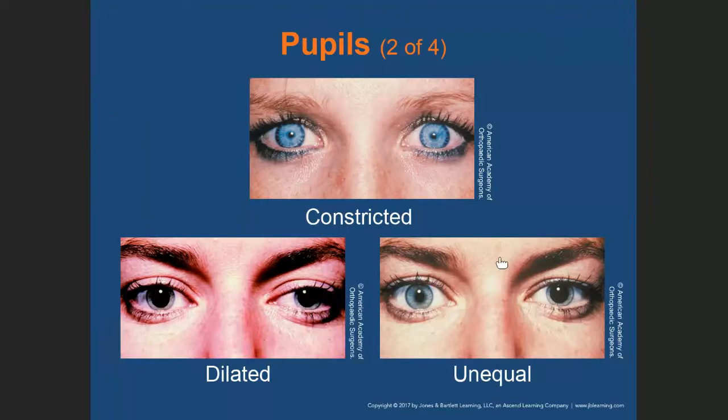Now, if you see unequal pupils, this can be an indication of a head injury or stroke, or it can be that the patient was born this way. The patient may actually be born with unequal pupils, or anisocoria, as it's called.